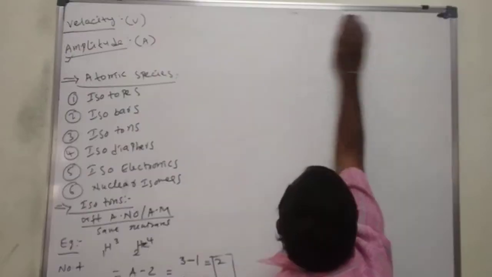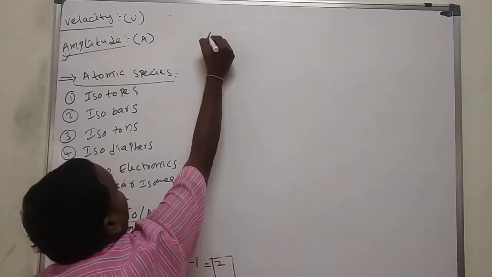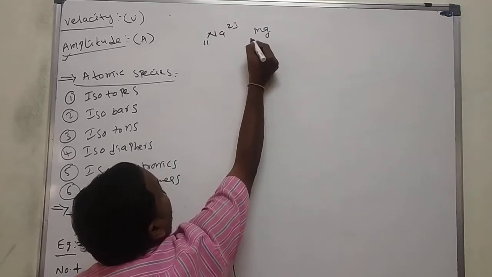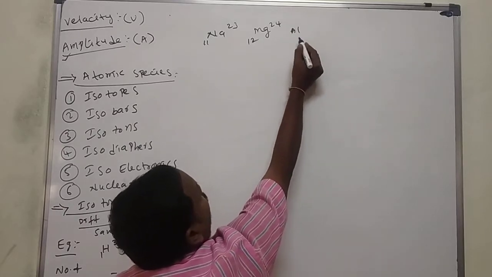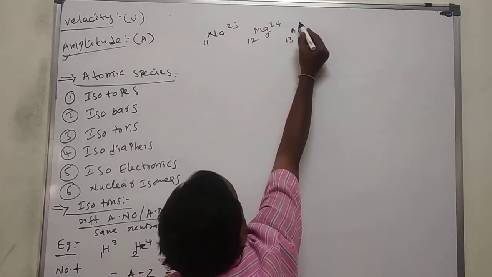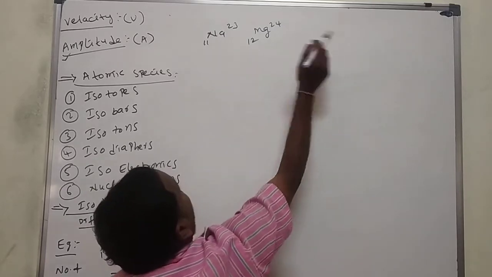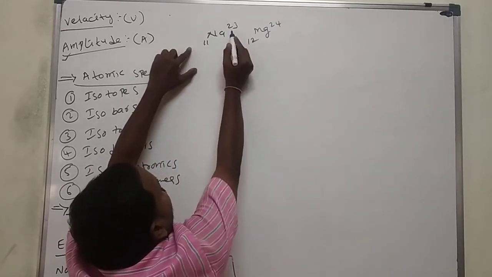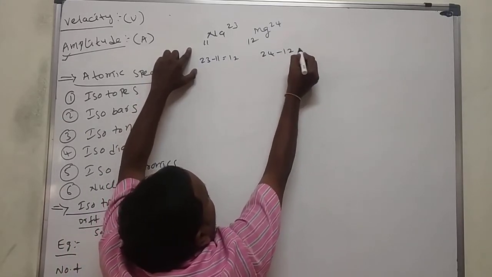Sodium 11, 23. Magnesium 12, 24. Leave aluminium for now. Sodium 11, 23 and magnesium 12, 24: 23 minus 11 is 12, and 24 minus 12 is 12.